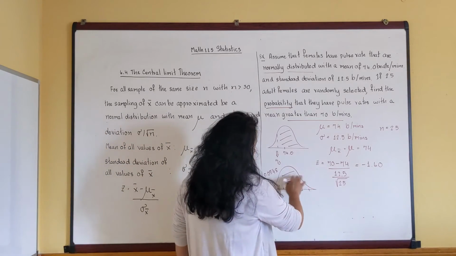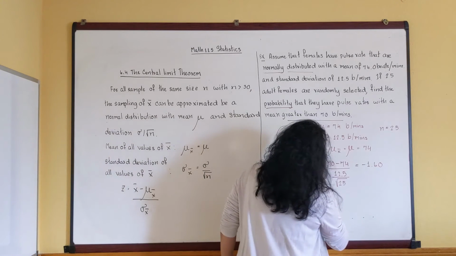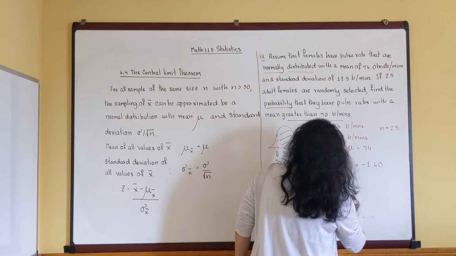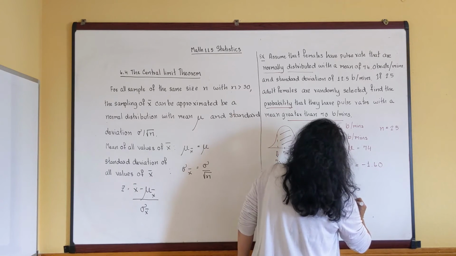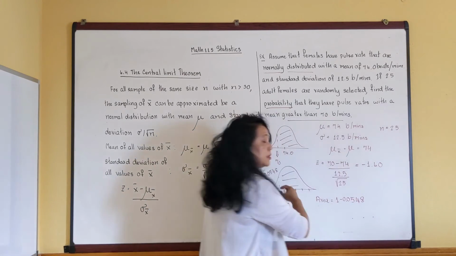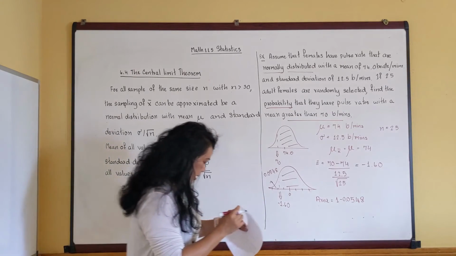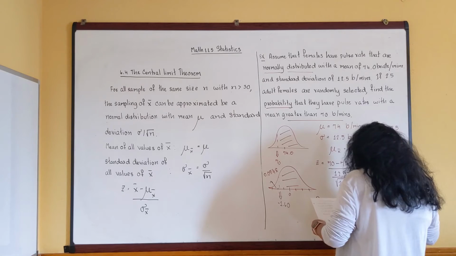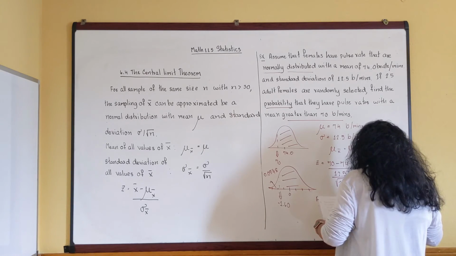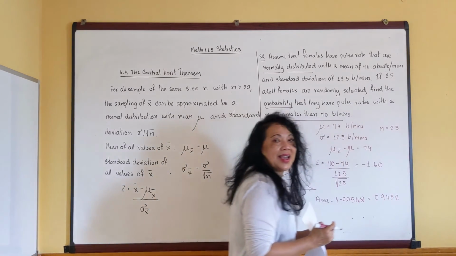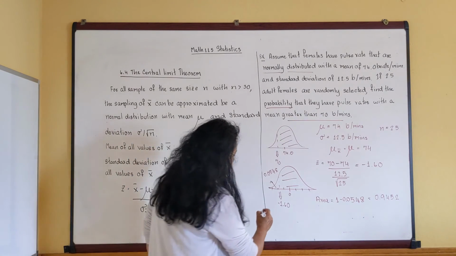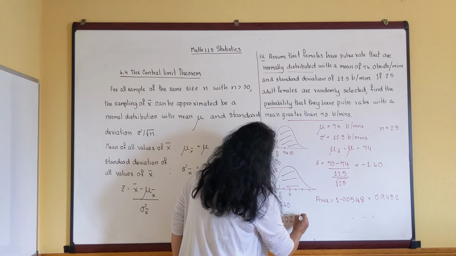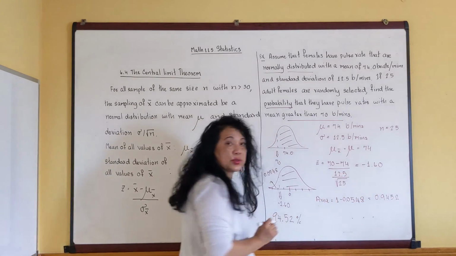So the area will be 1 minus 0.0548, because it's the area to the right. If you subtract this, you should get 0.9452. If you convert to percent, it's 94.52%. You move the decimal to the right 2 places.